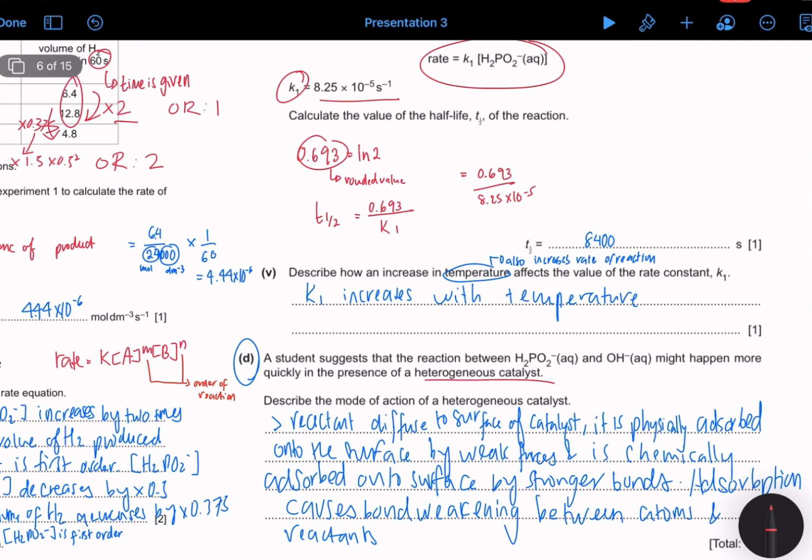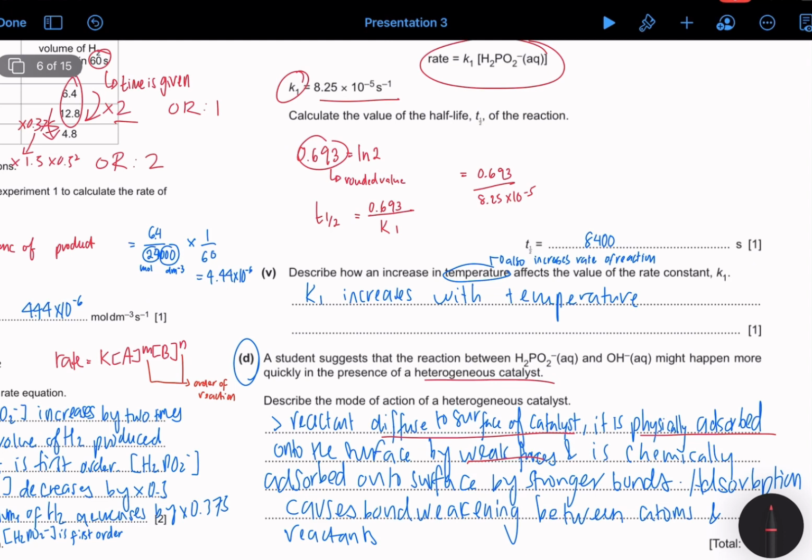So again, your reactant will diffuse to the surface of the catalyst and becomes physically adsorbed to the surface by weak forces, and this becomes chemically adsorbed to the surface by stronger bonds. And the adsorption will then cause bond weakening between atoms in the reactants. So that is basically the mode of action for heterogeneous catalysts.